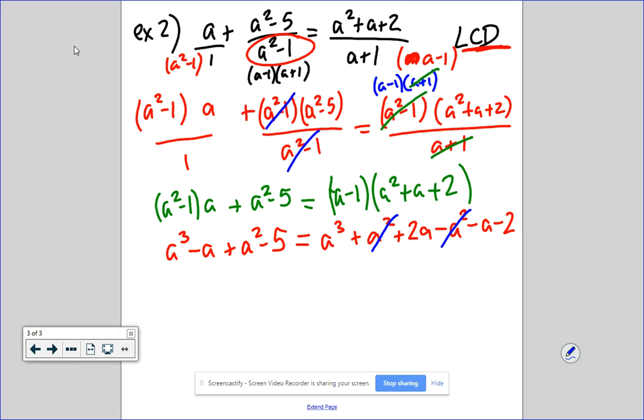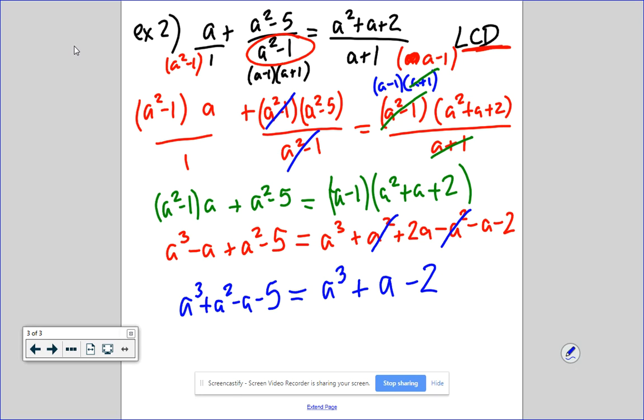That goes away. 2a minus a. So on the right side, I've got a cubed plus 2a minus a is just a, minus 2. The left side, I've got a cubed plus a squared minus a minus 5.